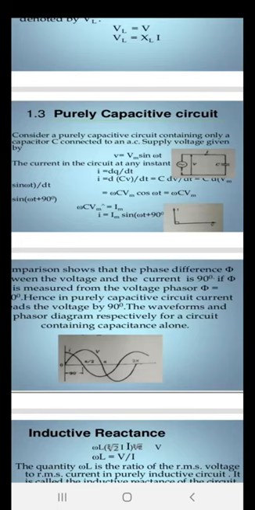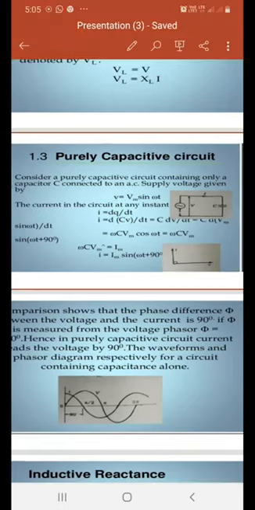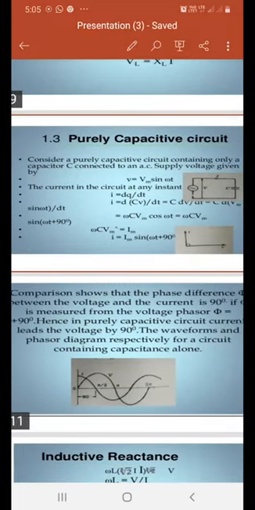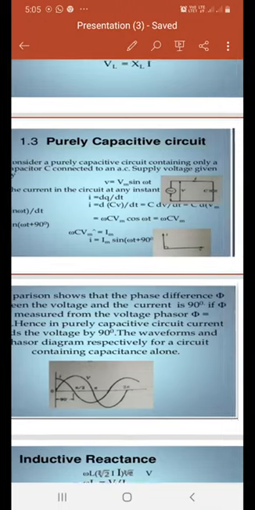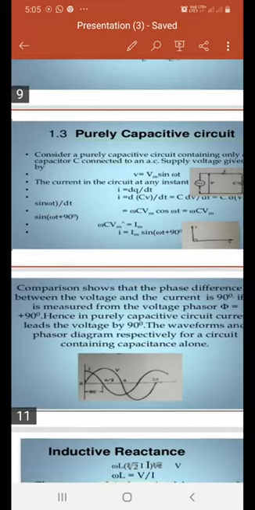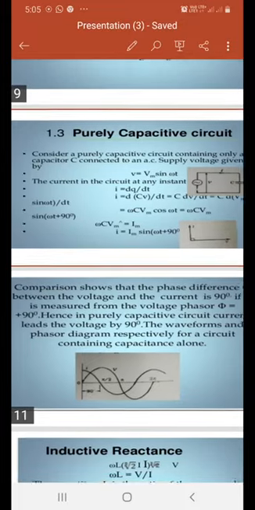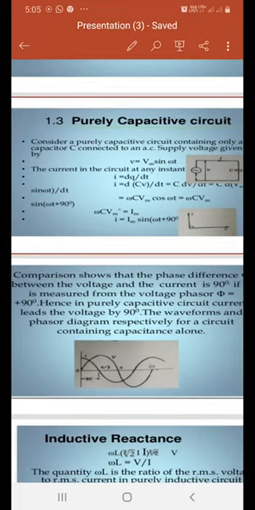The figure shows the purely inductive circuit. Now the purely capacitive circuit. In the figure, see the capacitor shown. Consider a purely capacitive circuit containing only a capacitor C connected to an AC supply voltage given by v is equal to Vm sin omega t.